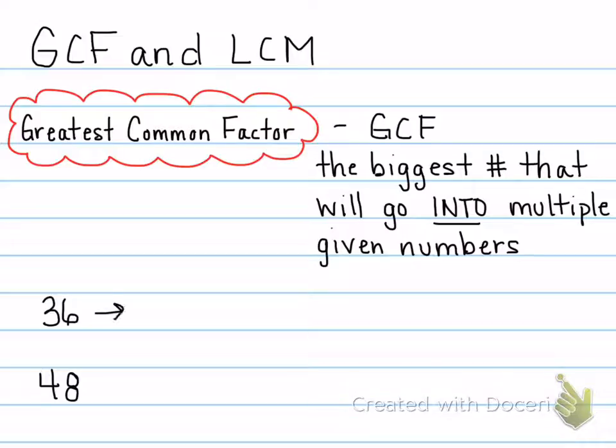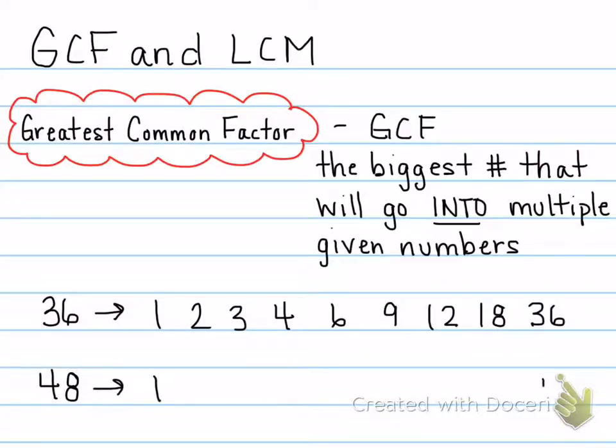So 36 is 1 and 36, 2 and 18, 3 and 12, 4 and 9, and then 6 times 6. I'm going to do the same thing for 48. 1 and 48, 2 and 24, 3 and 16, 4 and 12.